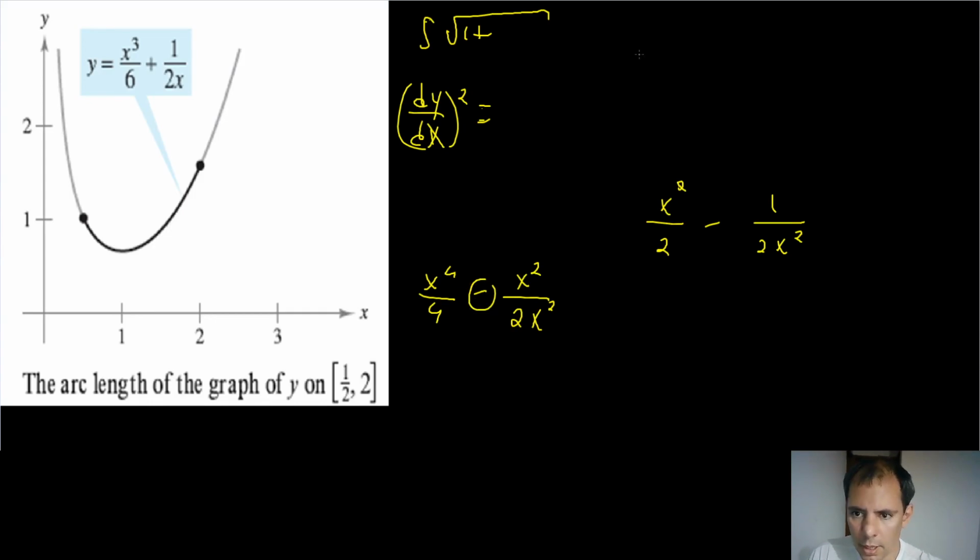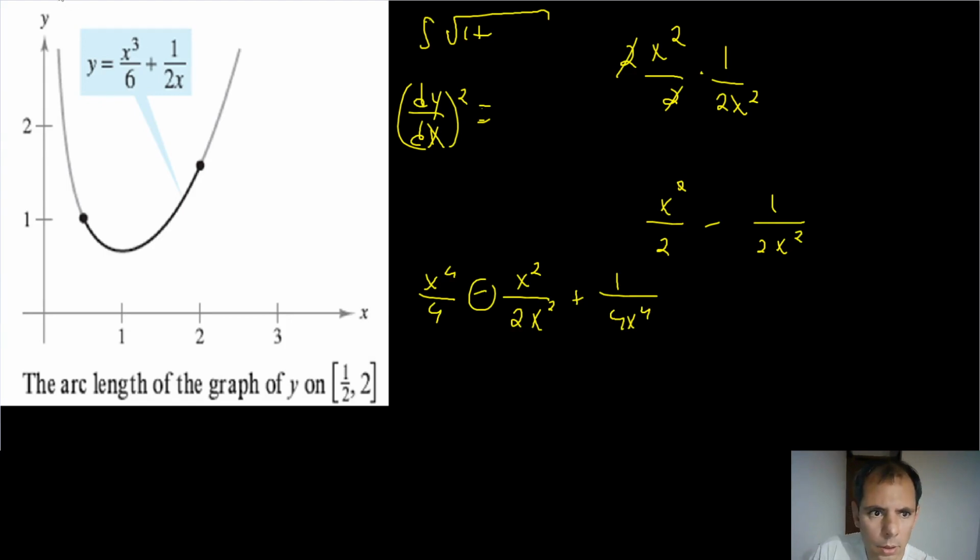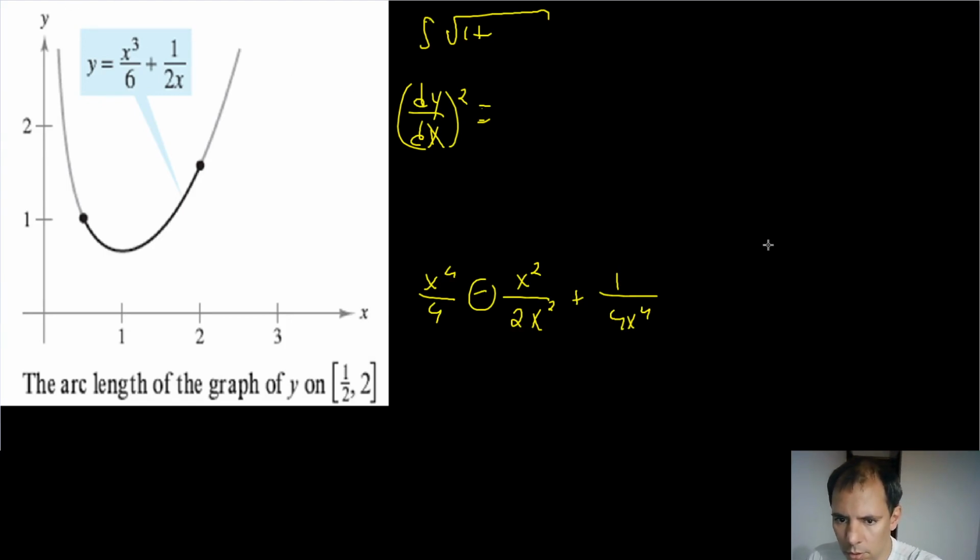You have 2x squared divided by 2 times 1 over 2x squared. Well, this is going to simplify, so x squared divided by 2x squared, and that's what we have in here. Plus the square of the second term, which is going to be 1 divided by 4x to the 4th. So it's 1 plus all this inside the square root.